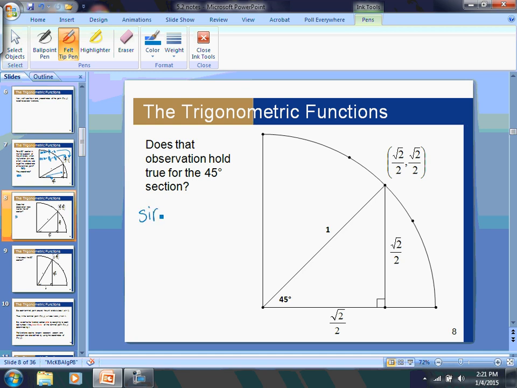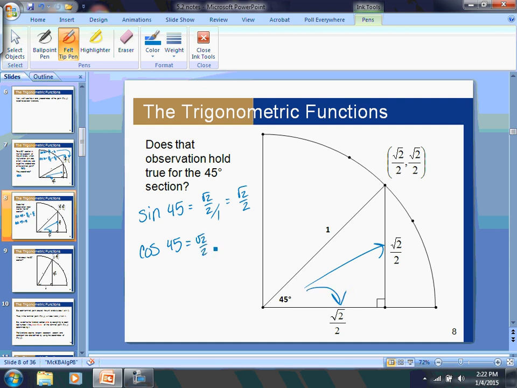Well, if I do the sine of 45, I'm going to have opposite over hypotenuse. So that's square root 2 over 2 all over 1. So that's just square root 2 over 2. Okay, well that could be my y value. It could also be my x value because they're the same. And if I did cosine of 45, okay, cosine would be adjacent over hypotenuse.